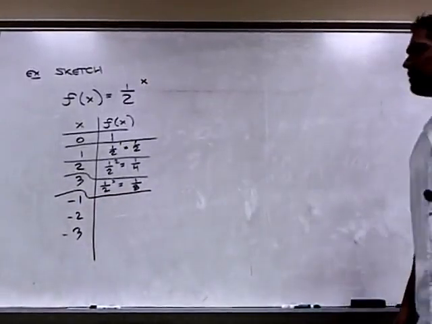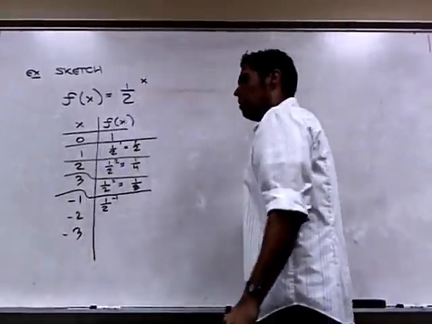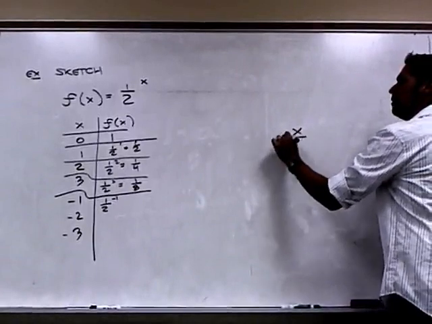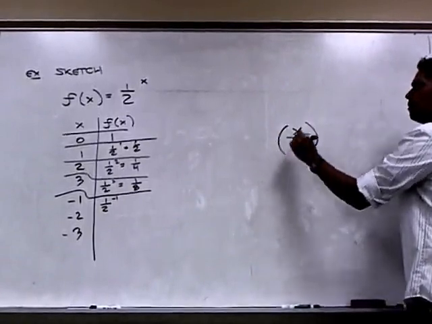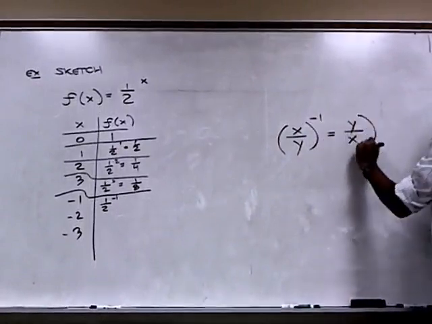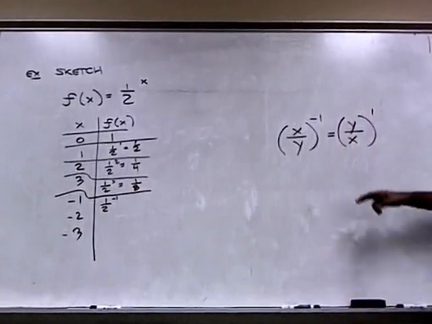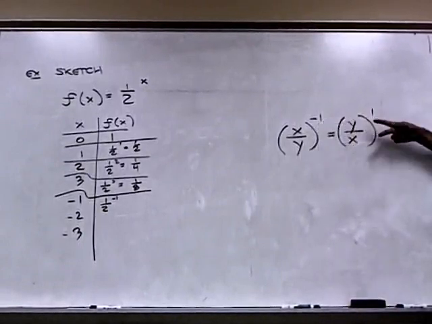Now, what's 1/2 to the -1? Well, another property of exponents: if you have a fraction raised to the -1, you can flip the fraction over to the +1. So fraction to the -1, flip it, +1.